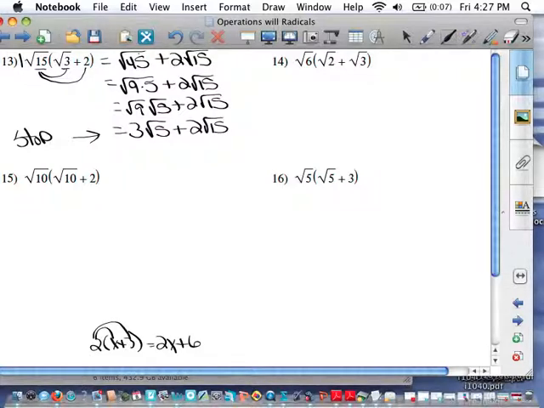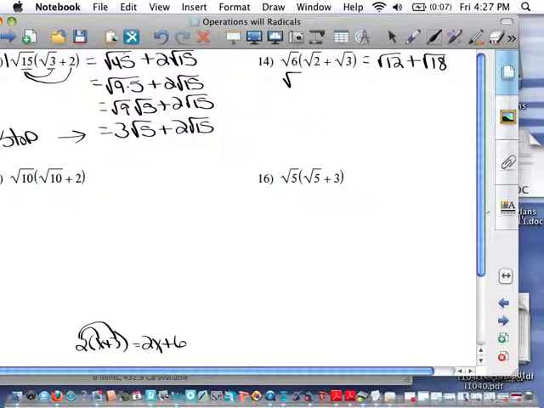Okay, number 14, again, just like the distributive property, 6 times 2 gives me the square root of 12, and then 6 times 3 gives me the square root of 18. The square root of 12 can be factored to 4 times 3. The square root of 18 can be factored to 9 times 2.